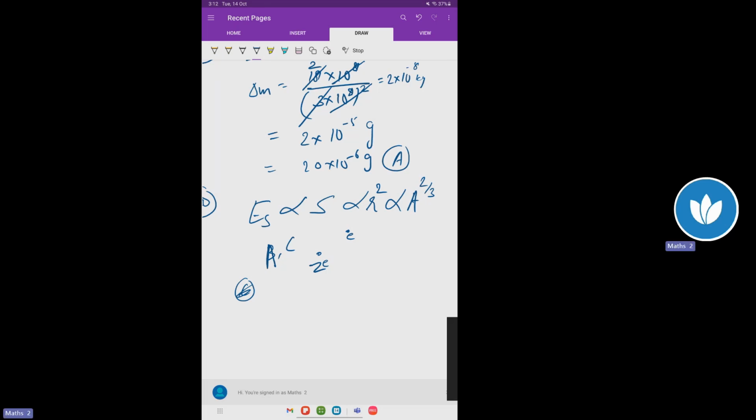Surface energy per nucleon, this is not correct. Coulomb force, this is not correct. The volume energy is correct. C is correct. D, decrease in the binding energy is proportional to surface area, this is also correct. So C and D. Option A, C and D are correct.